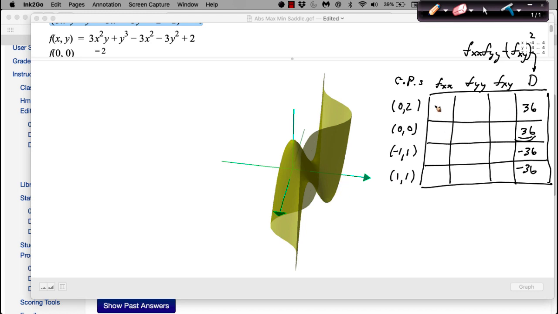So we'd expect these are going to be less than 0 based on looking at the graph. But normally it'd be the other way around. You'd see that they're less than 0, and you'd have 36, and then you conclude relative min. And then greater than 0, these should be greater than 0. At 0, 0, no, other way. Did I mess this up? Other way around.